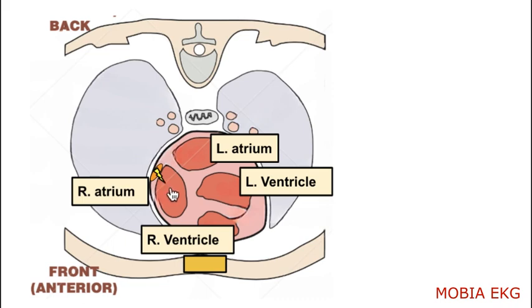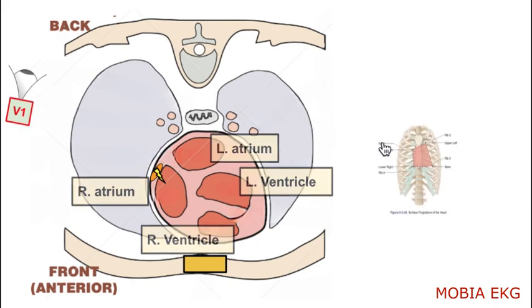Release of the electrical signal in the right atrium causes depolarization of the right atrium, which can be detected by lead V1. But where is the location of lead V1 and how can we find it?